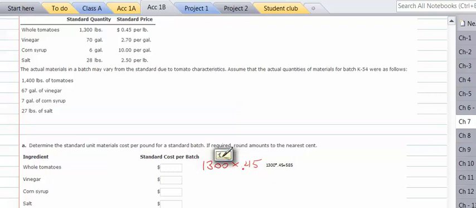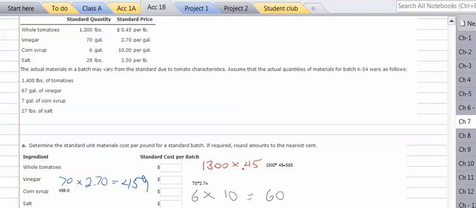Next, we'll look at the vinegar. And the vinegar, I'm going to write it over on this side, is 70 gallons times 2.7. $459. For our corn syrup, up here, 6 gallons times $10.